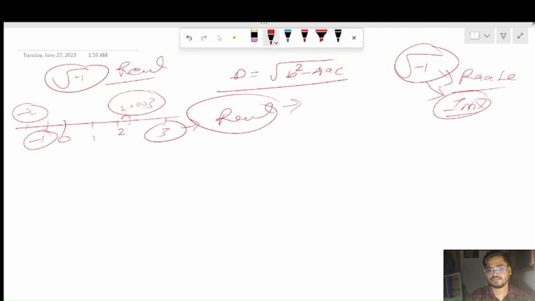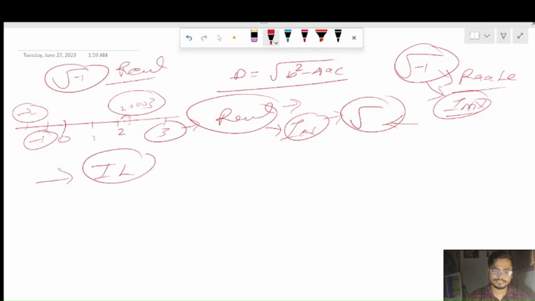And which we cannot represent on the number line is known as an imaginary number. Because under root can never take a negative value, to solve this we have to take the imaginary line to represent this number. That's why we call it an imaginary number.